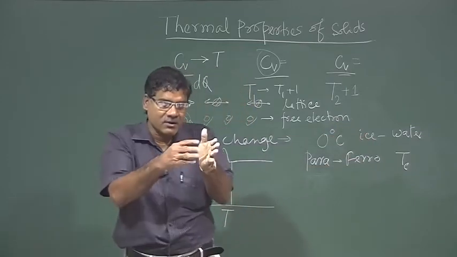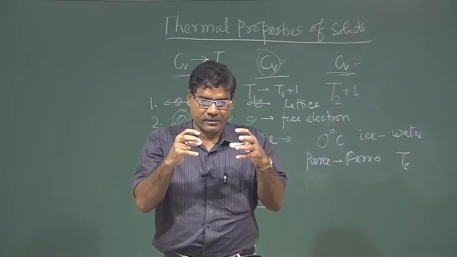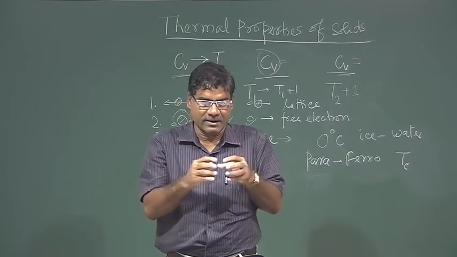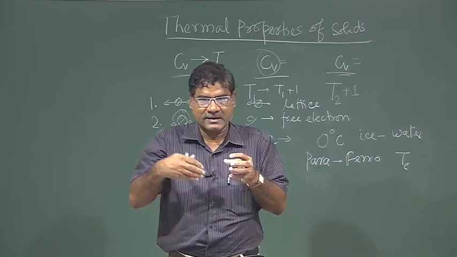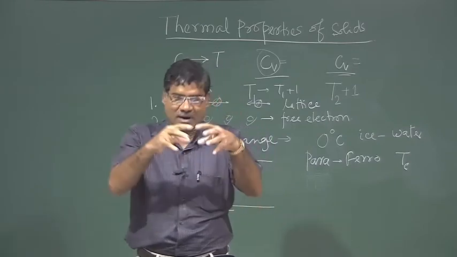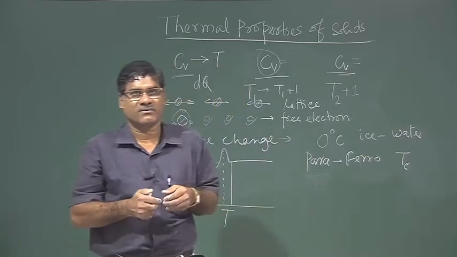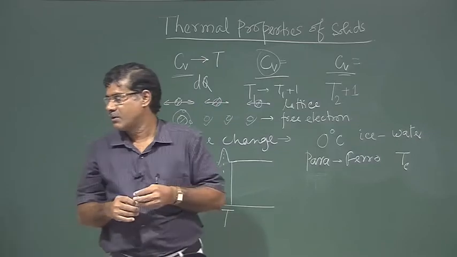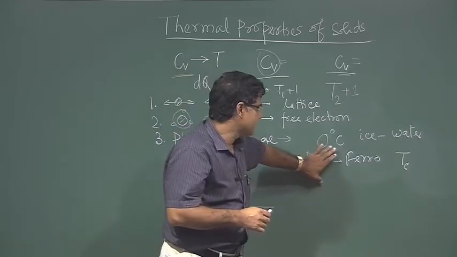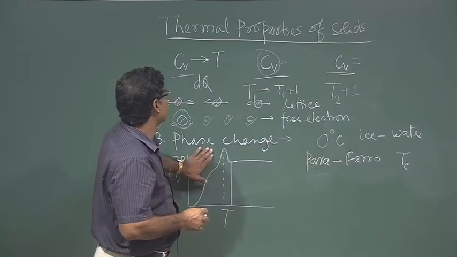Take order-disorder in an alloy: generally your atoms are arranged orderly. Now, if you change the temperature, it goes from the ordered state to the disordered state. That is also another kind of phase change. So, these things one can study from this Cv measurement.